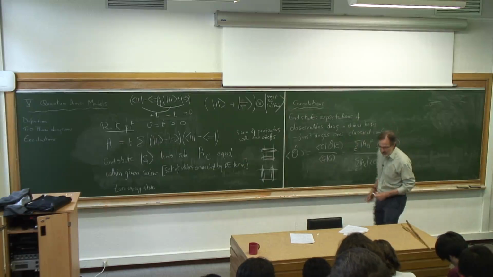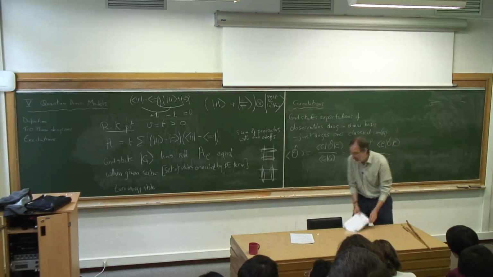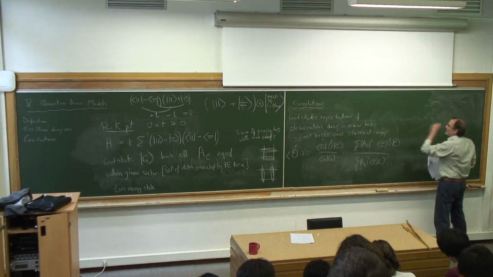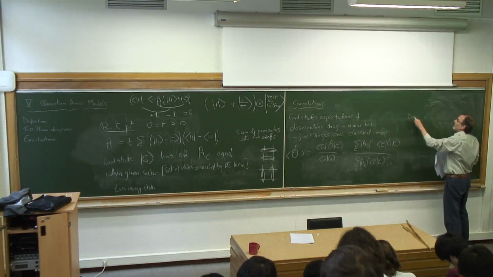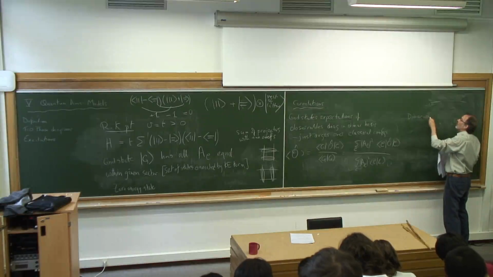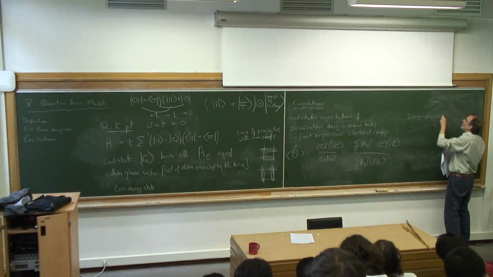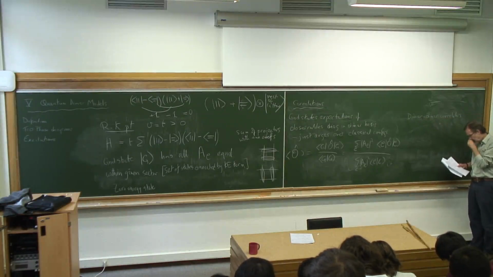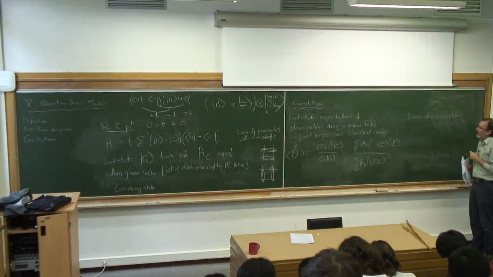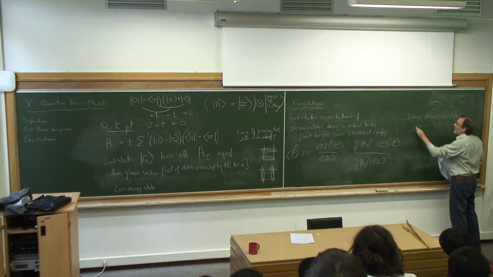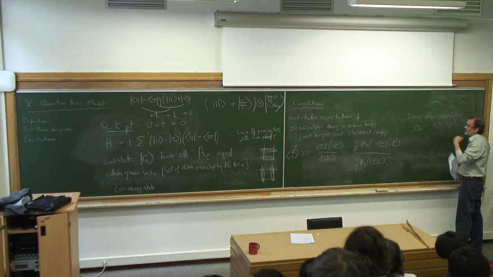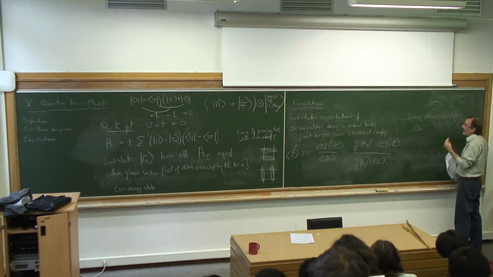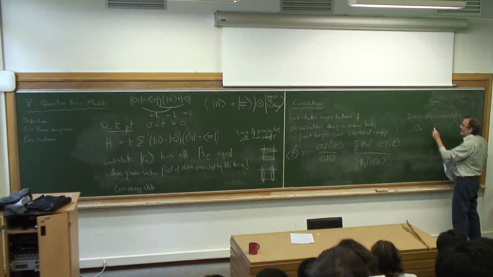So what that means in particular is that if we look at dimer-dimer correlators, then if we're on a bipartite lattice, they have the Coulomb phase correlations, these power law correlations that I was talking about in 2D and 3D.